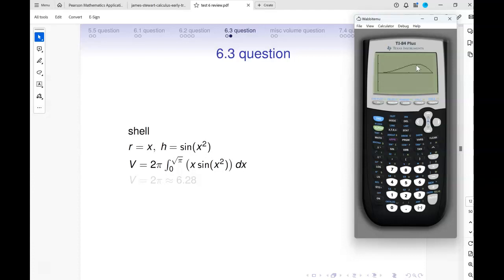But here, how am I supposed to differentiate which half of sine of x squared I would want to be on? I have no good ideas on how to do that. I could probably figure it out and make it work, but it'd be an hour.